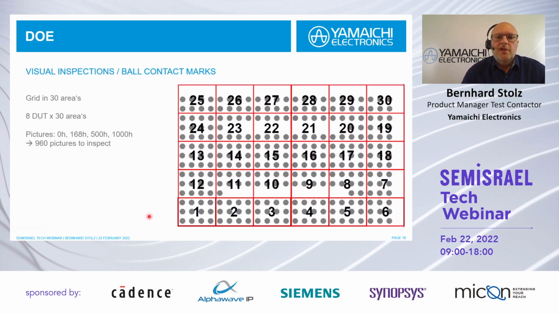Good. Visual inspection. Of course we want to see what's actually happening on the balls and also on the socket itself. So we had this daisy chain. We divided this ball map into 30 segments, and we had 8 devices. We made pictures at time 0, 168 hours, 500 hours and 1,000 hours.